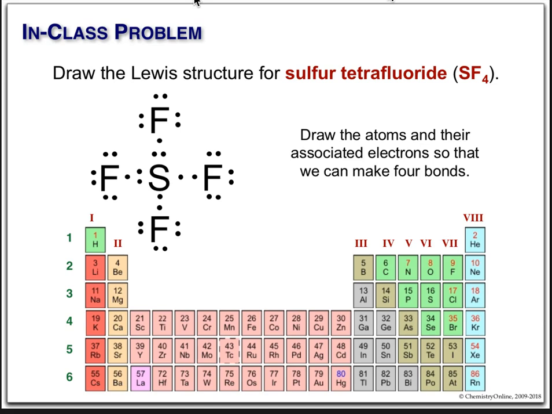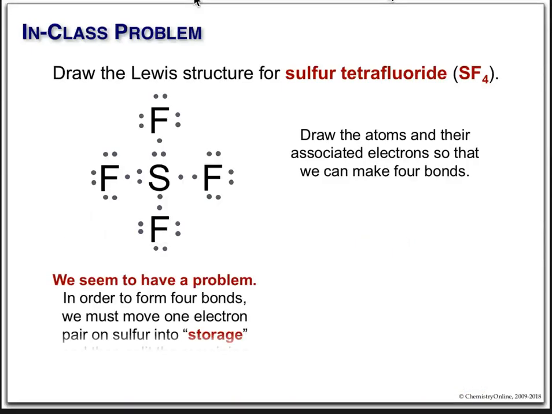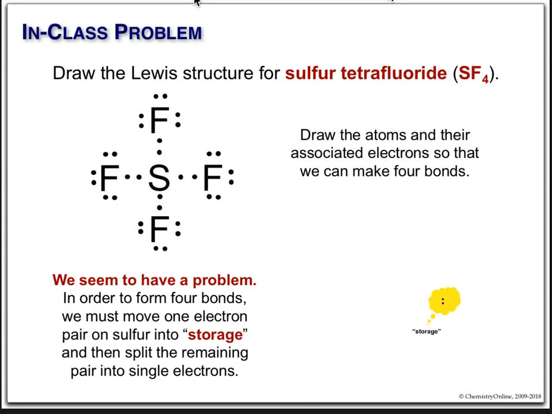So what I'm going to do, since Lewis structures are just bookkeeping tools, is take 2 of these electrons, there they go, and I'm going to put them in, quote, storage. So they're somewhere down here on the floor.